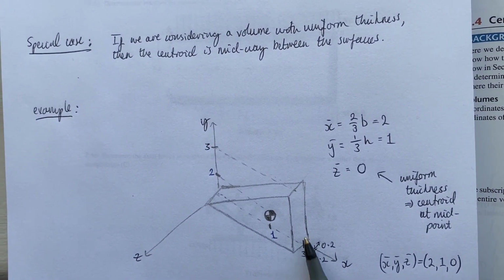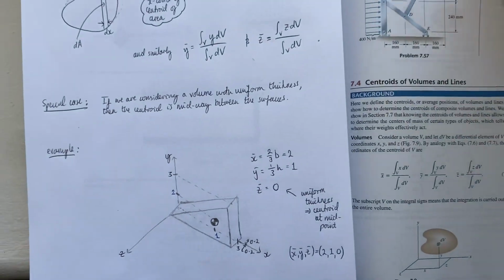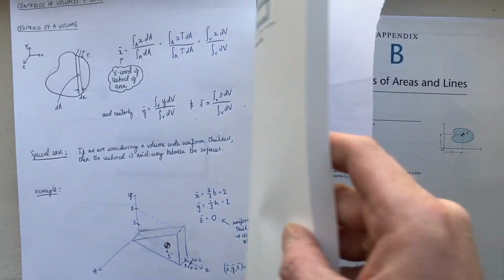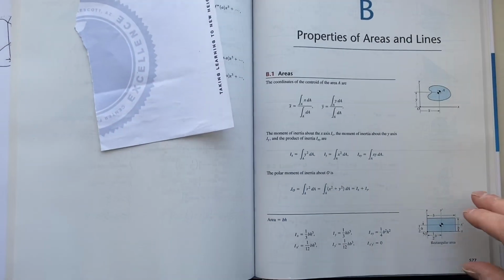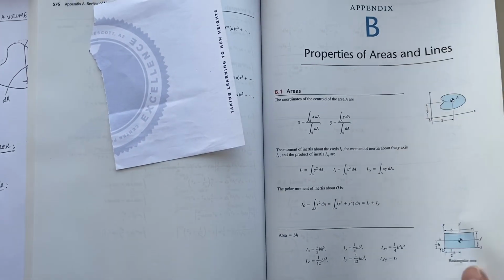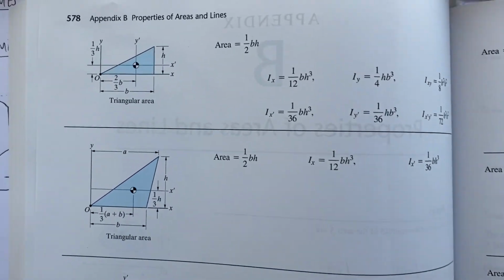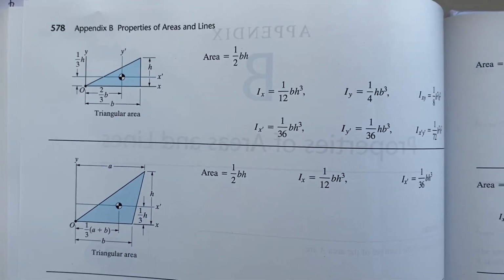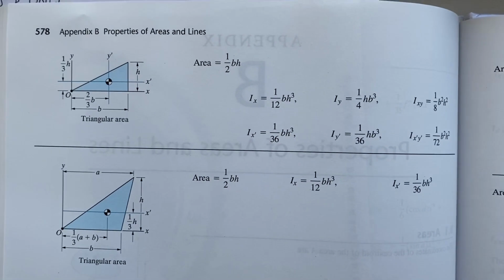then because we know that this is a standard shape, we can go into the textbook appendices. Here, like Appendix B, we look for properties of the shape that we're trying to consider, and we see here at the top of page 578 where the textbook discusses properties of a triangle.